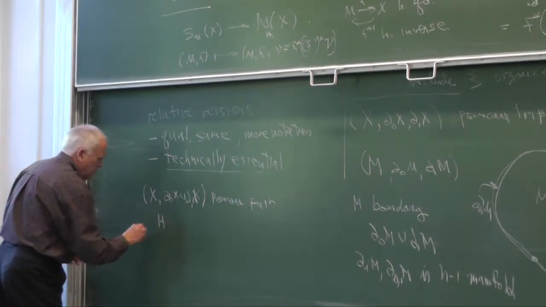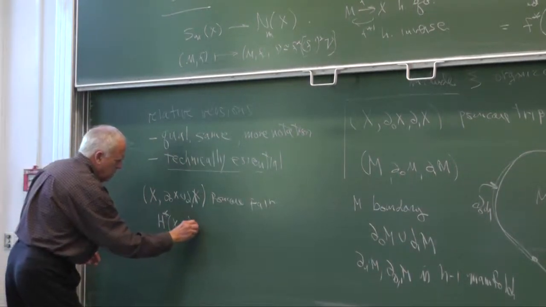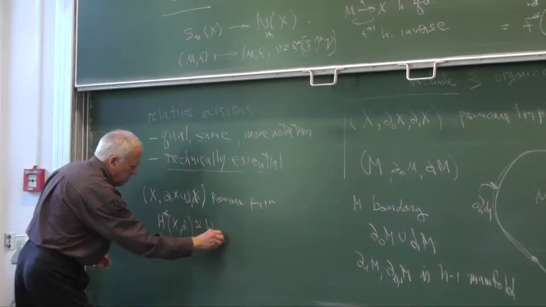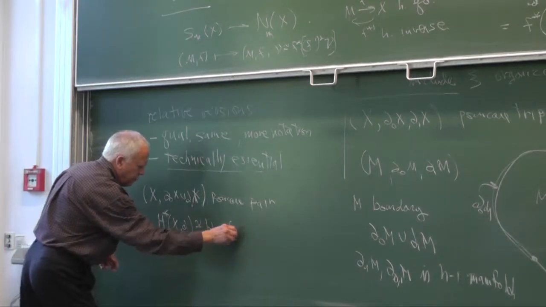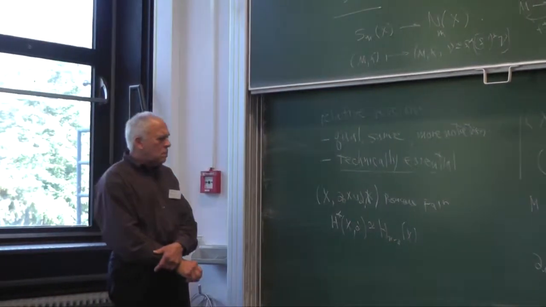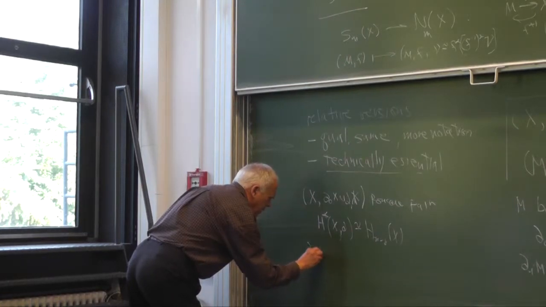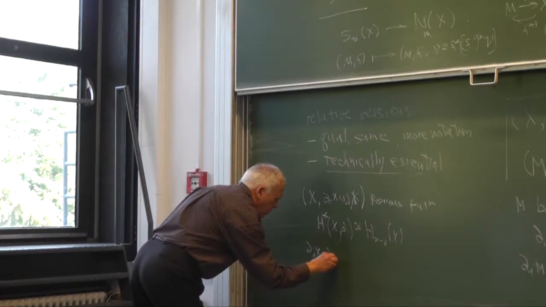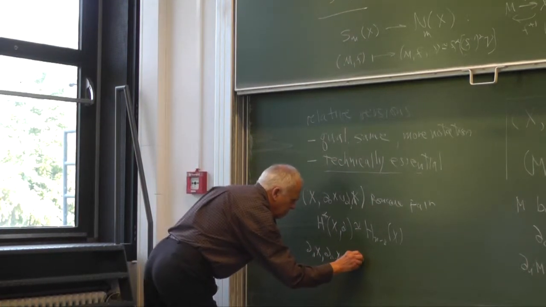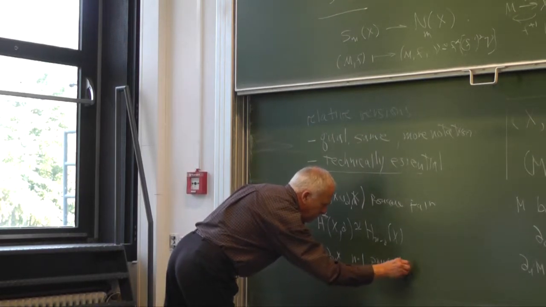So the cohomology of X is isomorphic to the homology of this X, and so on. And then boundary i X, boundary 0,1 X is an n minus 1 Poincaré pair here.